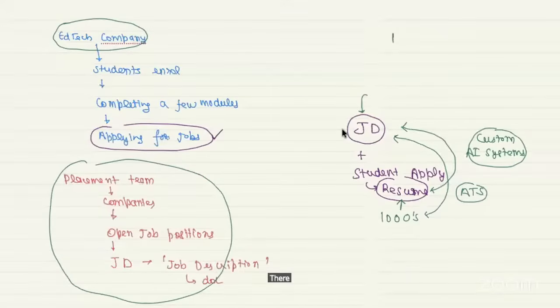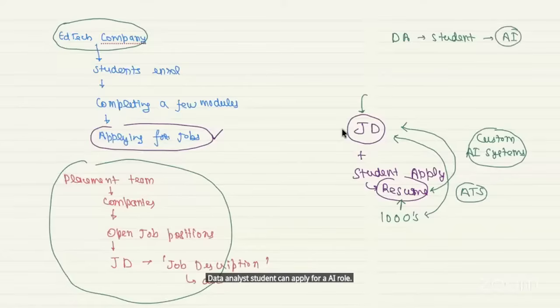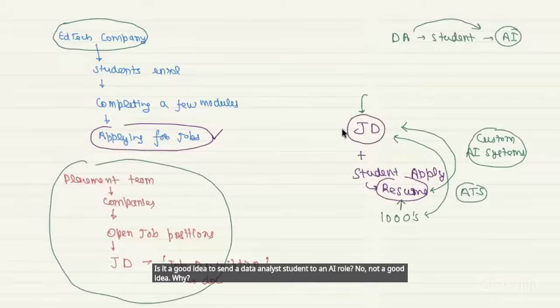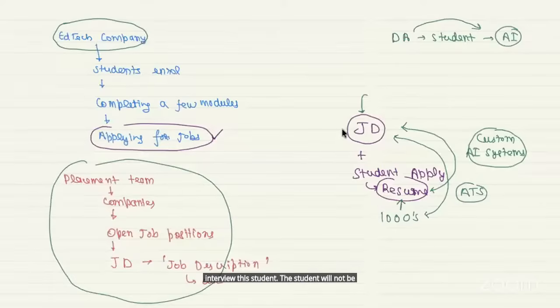There can be a situation where a data analyst student can apply for an AI role. Is it a good idea to send a data analyst student to an AI role? Not a good idea. Why? Because even if company tries to interview this student, the student will not be able to answer any question in AI.